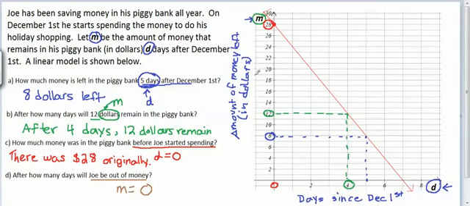So if I look on my M axis, I go all the way down to 0, there it is, and now I look over to see what's happening with the D variable, and we see the line crosses the value M equals 0 when D is right in between 6 and 8, so D is at 7. So we would say here, after 7 days, Joe will be out of money.